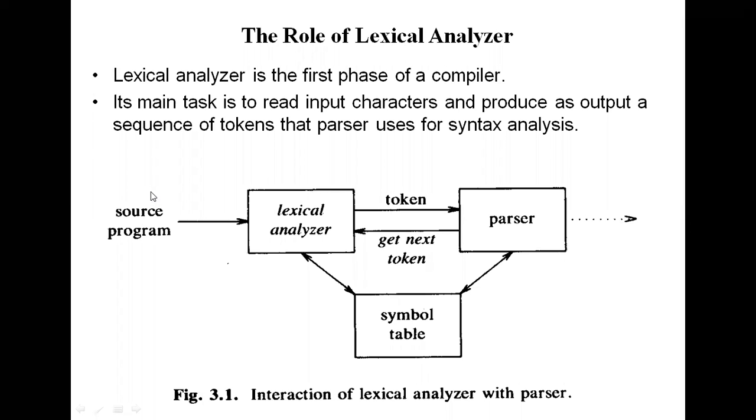Now I recognize what type of token it is, and for the characters of position I name it an identifier token. I send that identifier to the parser, and the parser asks for the next token. Again I read the equals sign, which is an assignment operator.